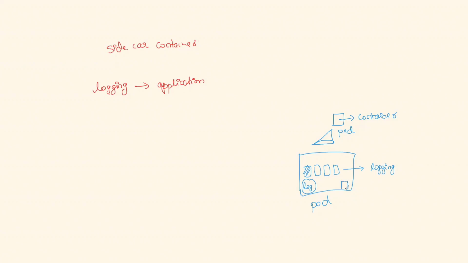So I can have one more container here. Let me use a different color maybe. I can have one more container here, whose sole purpose is logging for these applications. The sole purpose of this container will be to collect all the logs from these different containers in this pod and then send them across to centralized logging.